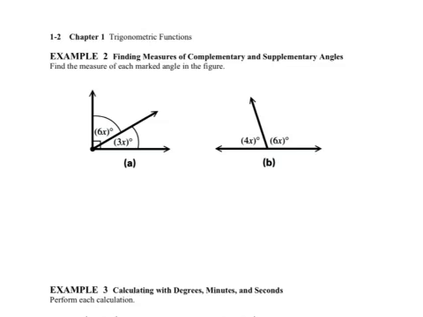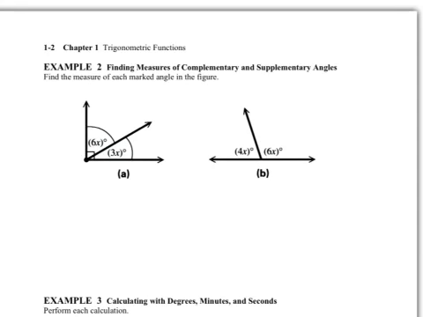If we flip to the next page, it says find the measure of each marked angle in the figure. We know that this is a 90-degree angle, so this is a complementary angle, and a complementary angle is 90 degrees. So here we take 6x plus 3x equals 90 degrees.